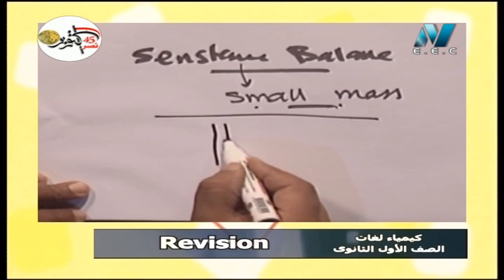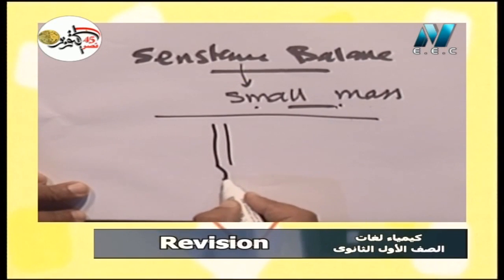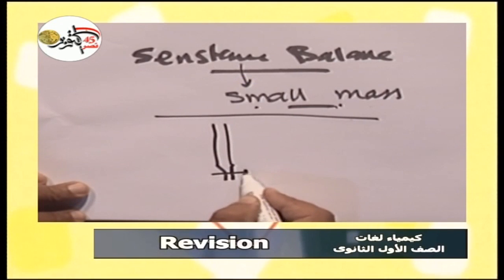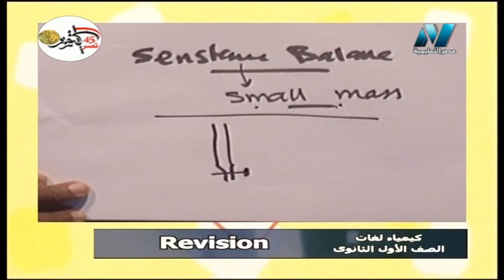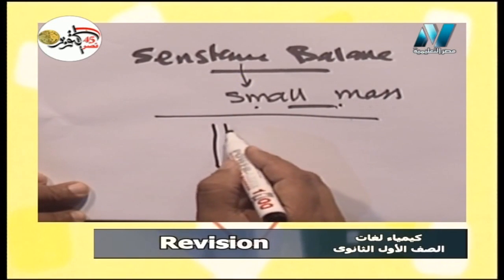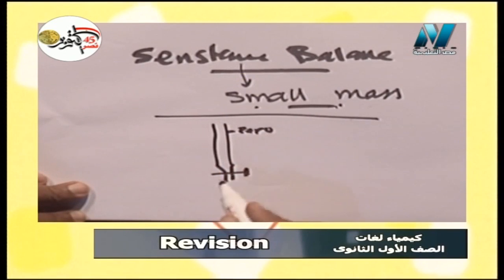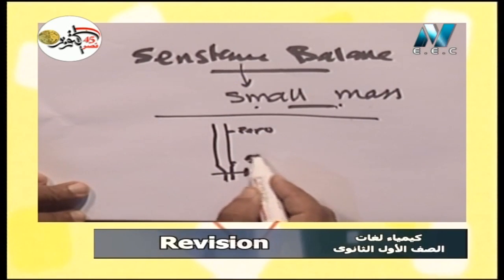The second one is the burette. What do we mean by burette? A burette is a glass tool that has a tap and two openings, with the 0 point at the top and the end point 50, for example, at the bottom.